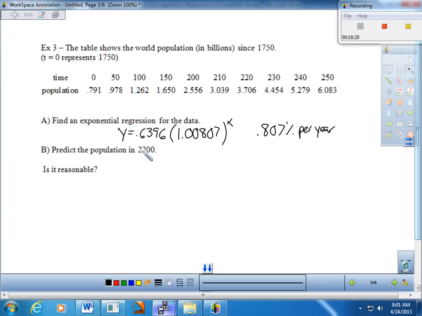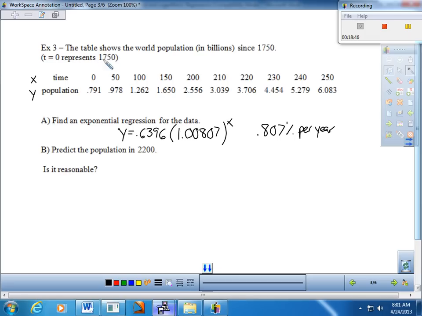It says predict the population in the year 2200, so let's take a look at this. This is obviously going to be an x value, of course. I should have done this before, my apologies, but I think we all realized population is the dependent variable and time would be the independent. But regardless, this is going to be our x value.